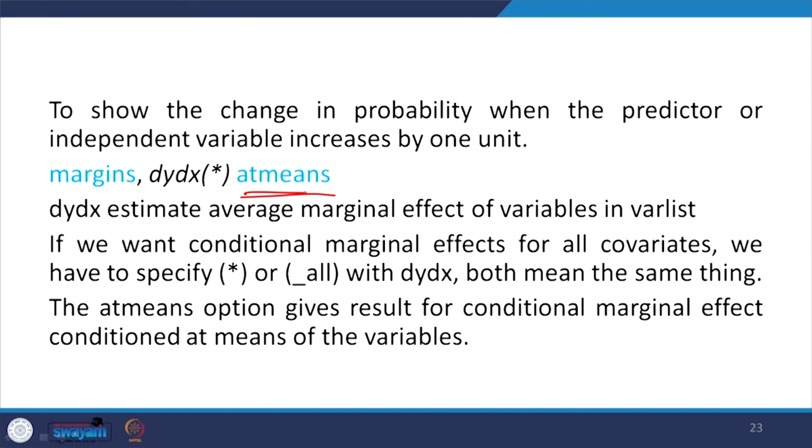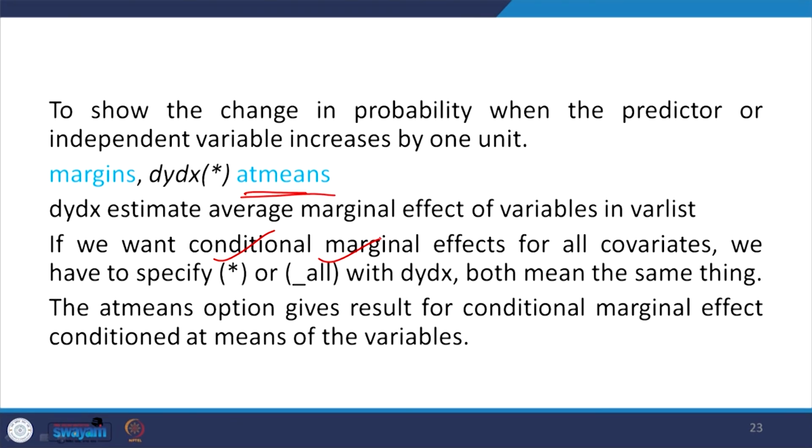If we want the conditional marginal effect for all covariates, we have to specify it with a star or _all with dy by dx. Either this or this refers to the same thing and the same interpretation.